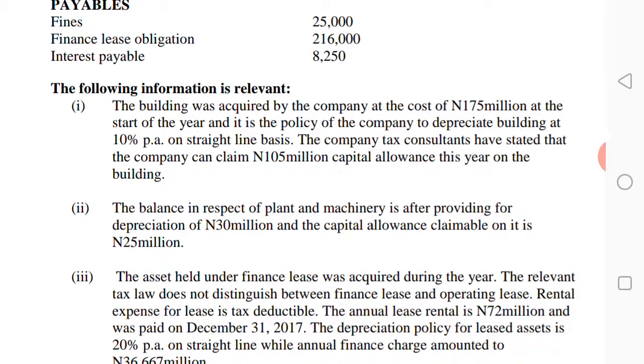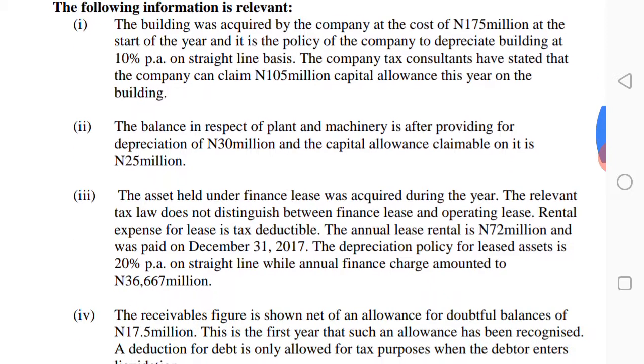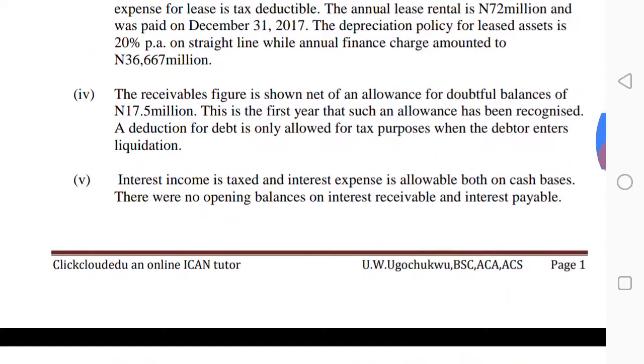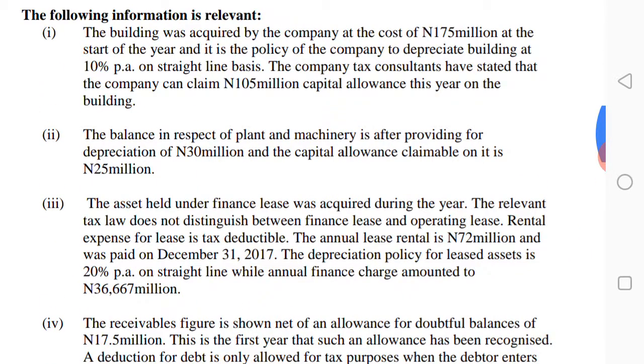For plant and machinery, you are told that the depreciation is 30 million. While for the asset under finance lease, you are told that the depreciation is 20% annual. So the three depreciation charges are disallowable expenses, so we add them back.